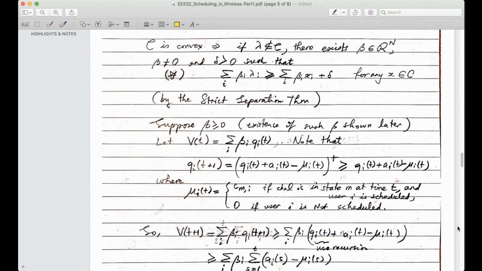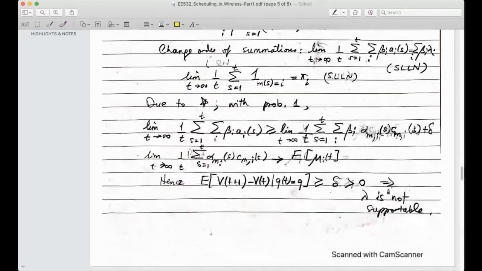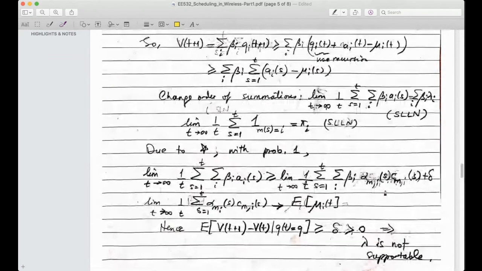All right, so let's see. V(t+1), the value of the Lyapunov function at time t+1, is this, as we defined it. Basically, let's write down q_i(t+1) in terms of q_i(t) and get rid of the positive part.